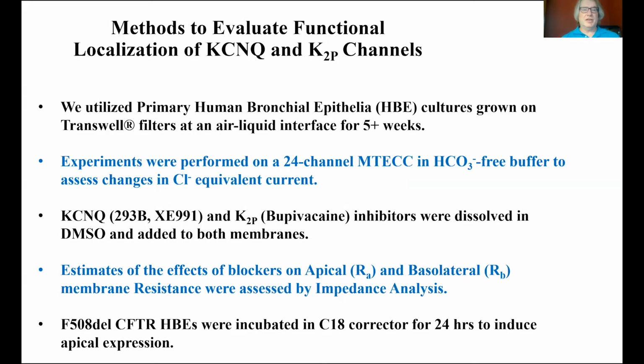The blockers for KCNQ, including 293B and XE991, as well as the blocker for the 2-pore, or K2P, channels, bupivacaine, were dissolved in DMSO, and these were added to both membranes given their lipophilic nature. We were then able to estimate the effects of these blockers on the apical and basolateral membrane resistances, that is RA and RB, using impedance analysis.